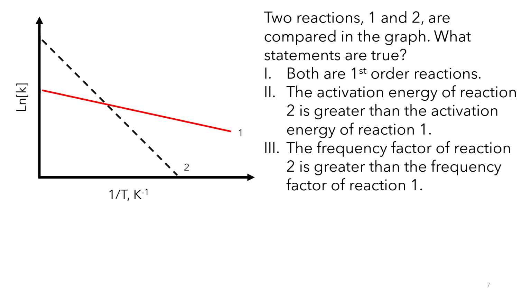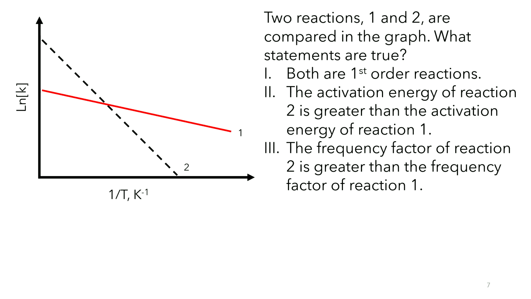Let's do some graph questions. Take a second before you answer any of the statements. Look at the axes. What type of graph is this? We have ln of k versus 1 over t. That is the natural log transformed Arrhenius.